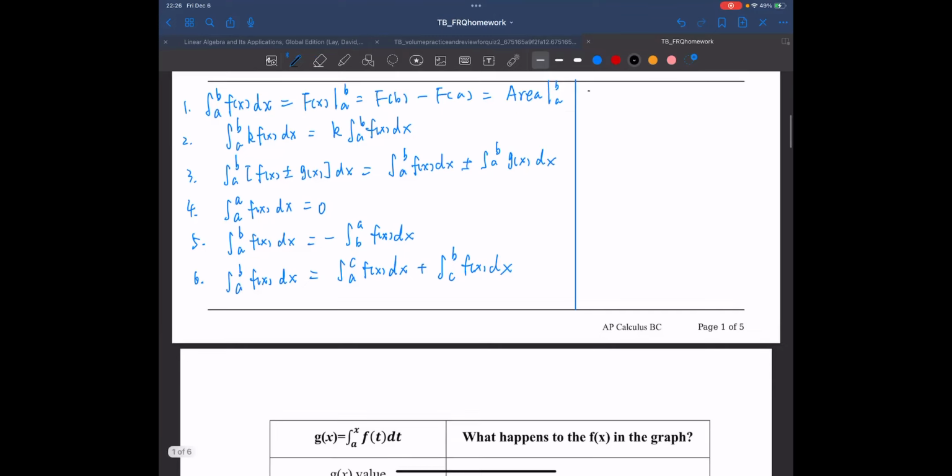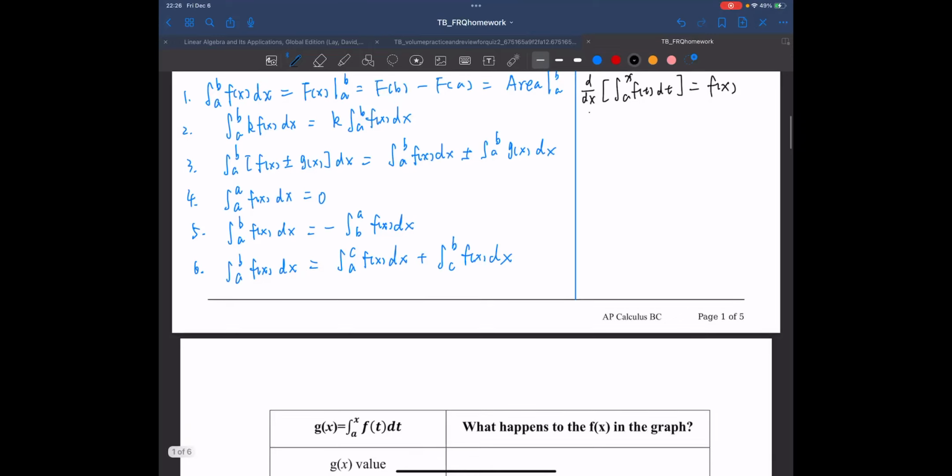Just write it as d over dx of the integration. You do the antiderivative and then you do the derivative, and so that equals you do nothing to f of t. That means the true variable is x, so that means it is f of x.